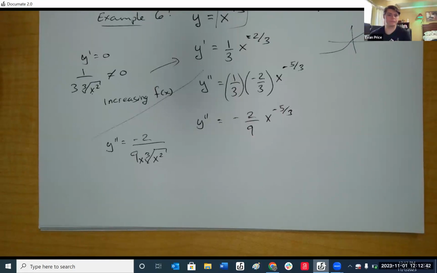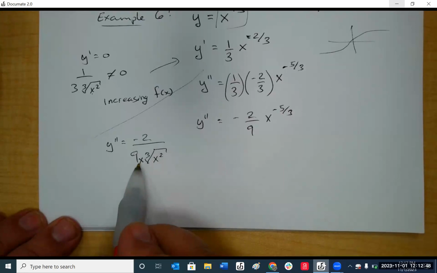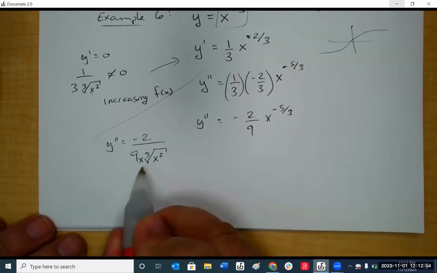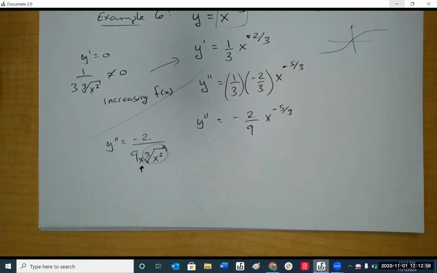Still can't set it to 0. So it doesn't have a point of inflection, really, but it can be negative, it can be positive because of this x right there. This one's never going to be negative.